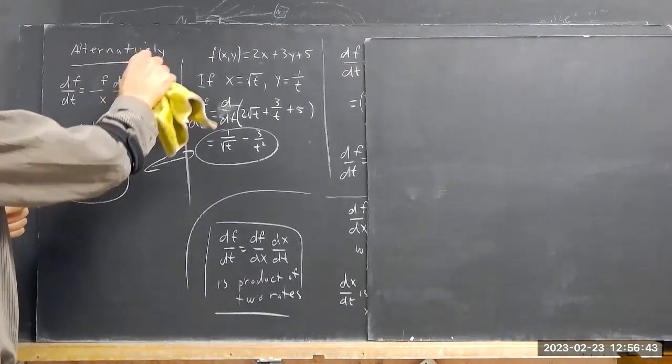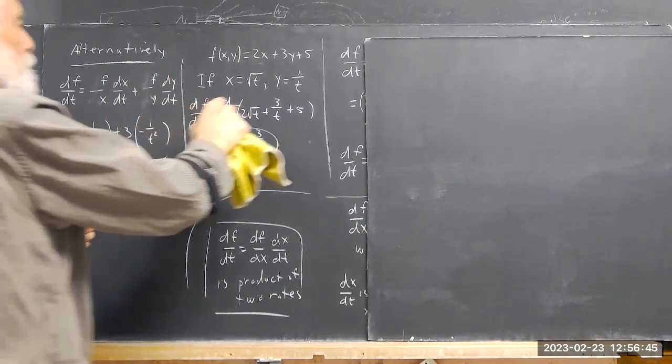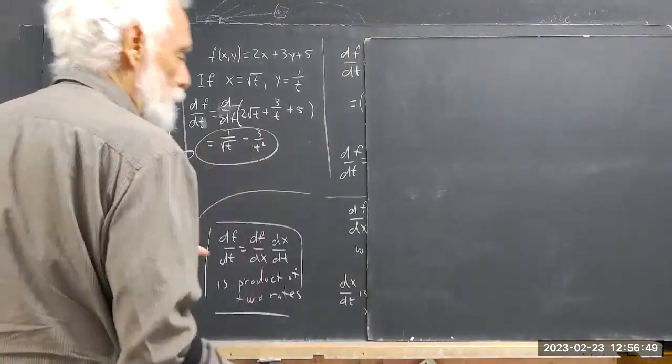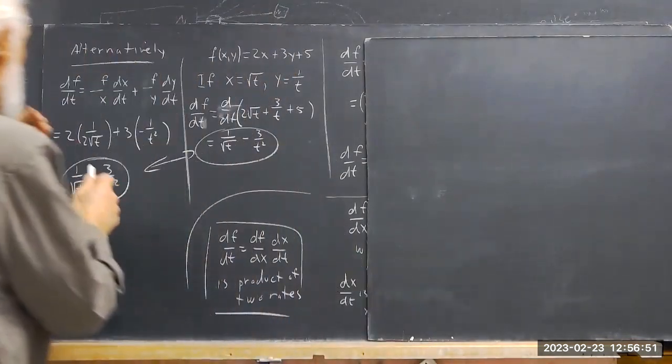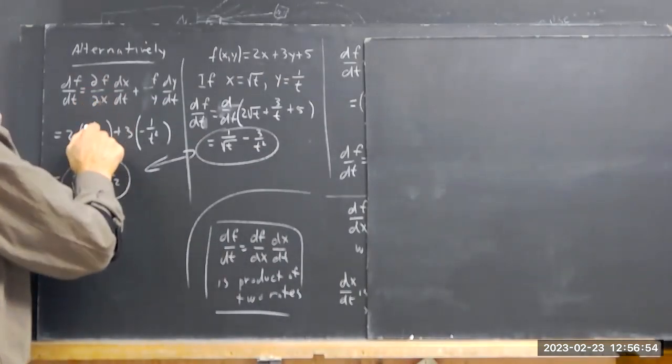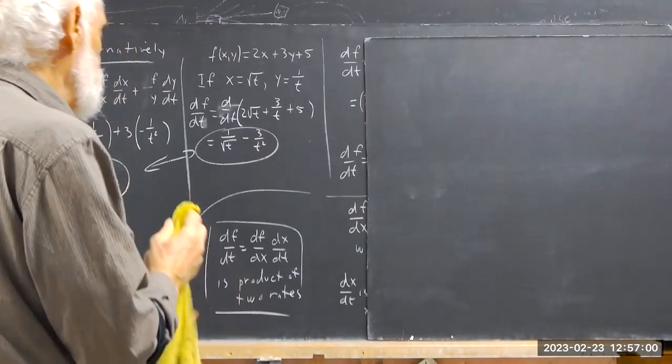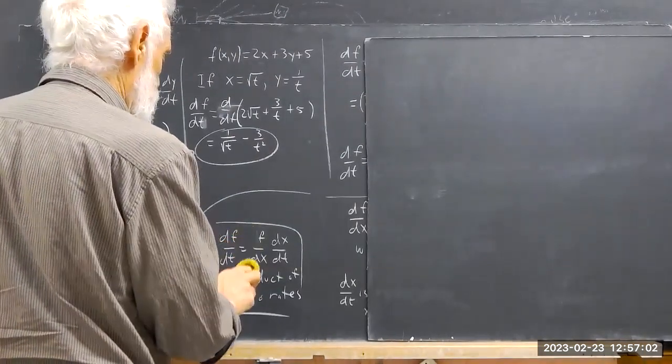These are partial derivatives. I need a partial derivative sign there. We'll get that notation right. It would be misleading if you don't. In this case, we know what we're doing, but there's no point in doing it wrong.